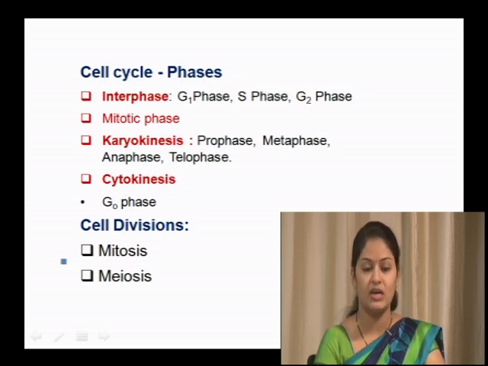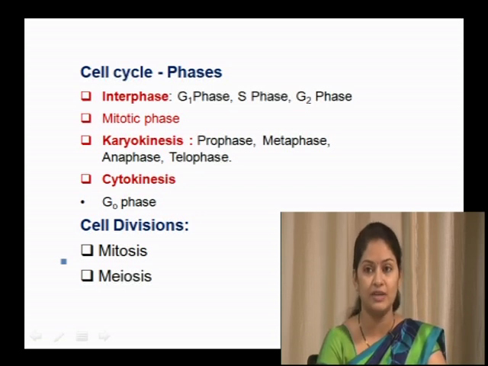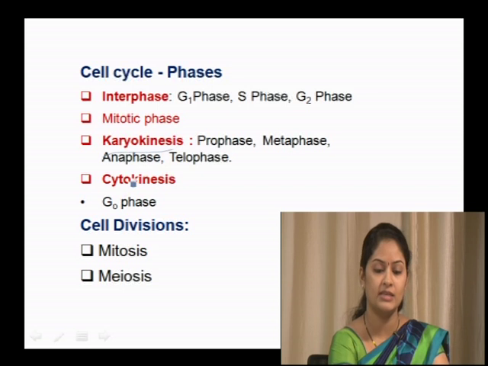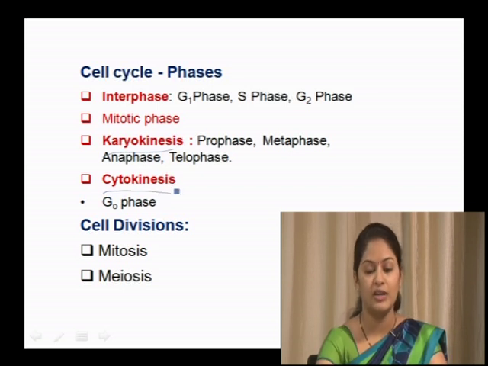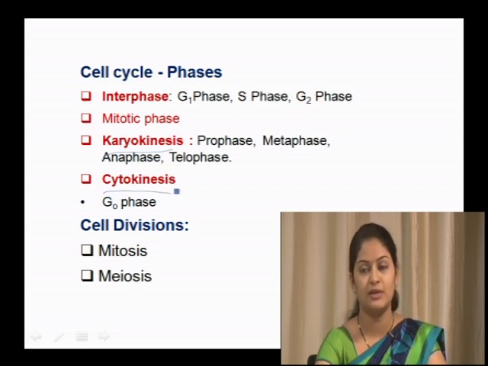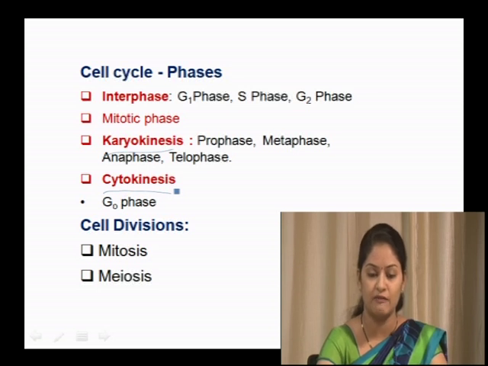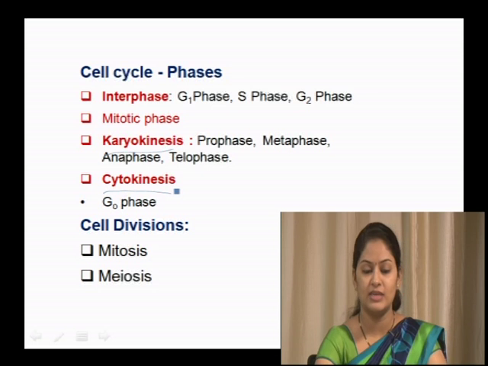The stages are interphase and mitotic phase. Interphase has the substages G1 phase, S phase and G2 phase. Mitotic phase is further classified into karyokinesis and cytokinesis. Karyokinesis is subdivided into prophase, metaphase, anaphase and telophase. And cytokinesis is associated with the division of the cytoplasm.